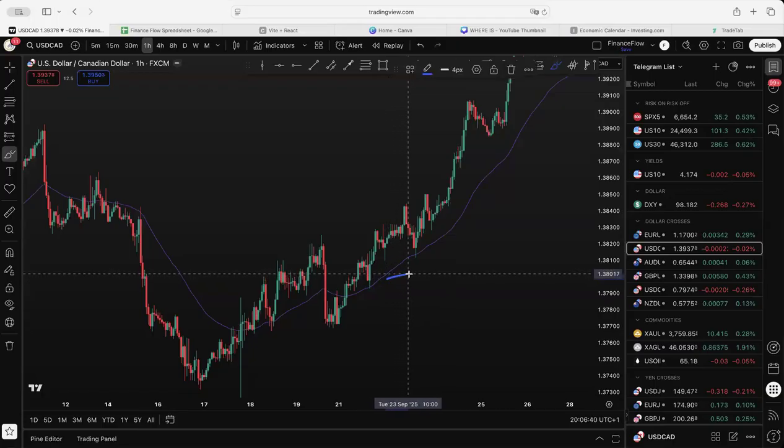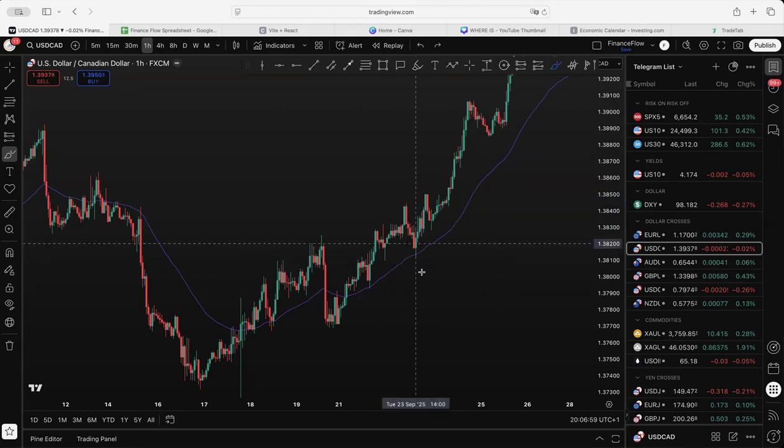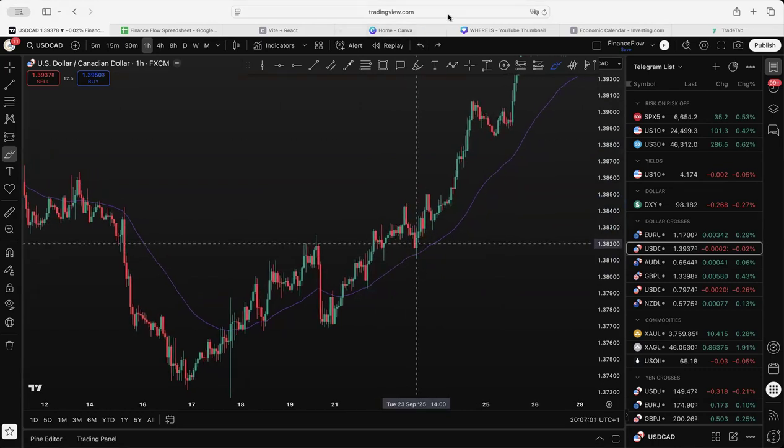When this candle kicks in, that's when the EMA will adjust and touch, but only about here. By that time, yes, this one's carried on, but the realistic entry will have gone. So just be aware of that.